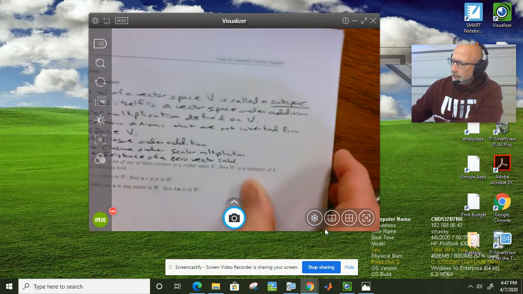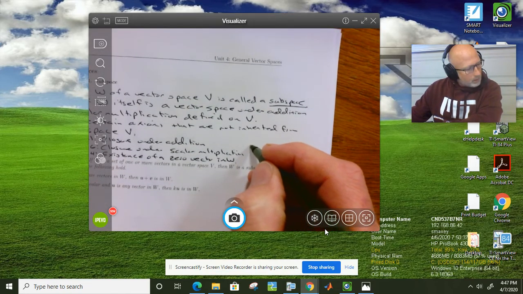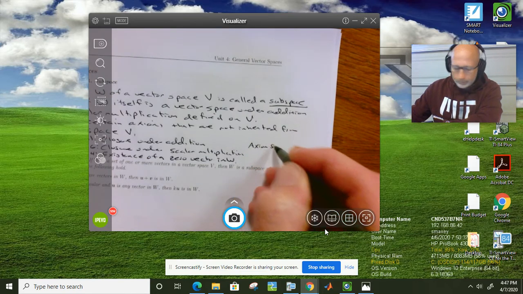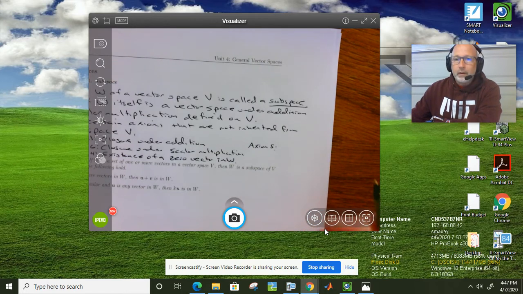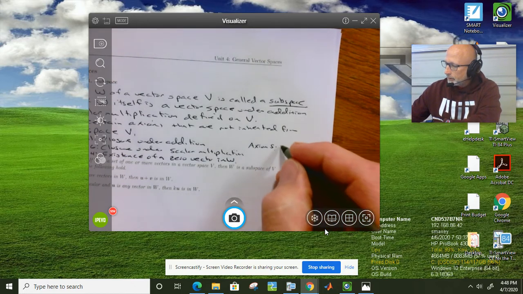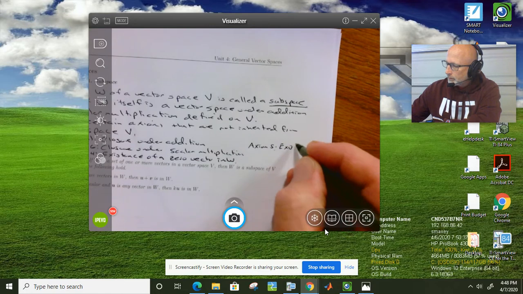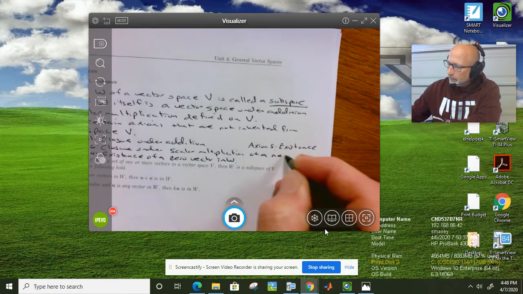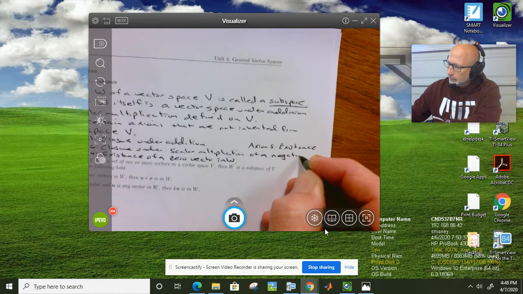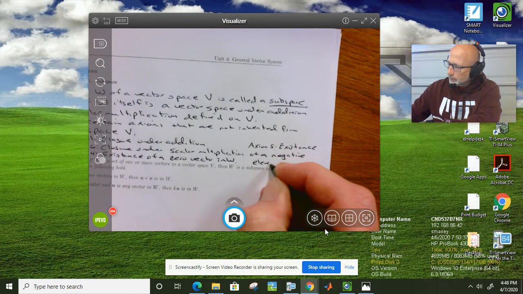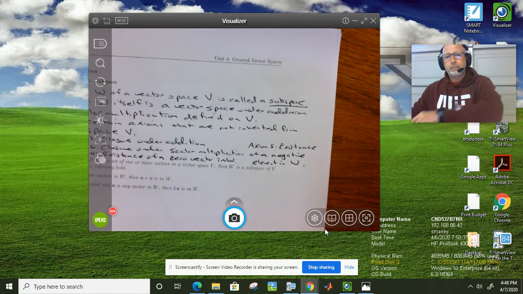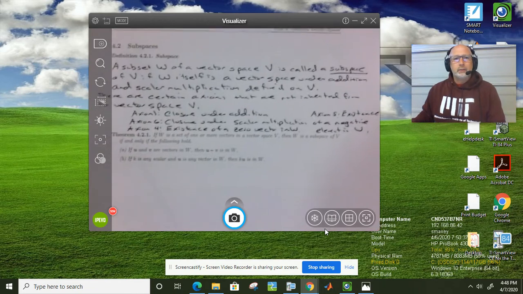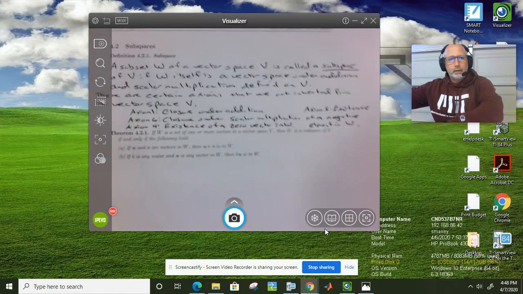And the last one is going to be axiom five, which was the existence of a negative element in W. Okay, so those are the four different axioms that are not necessarily inherited from the original vector space.